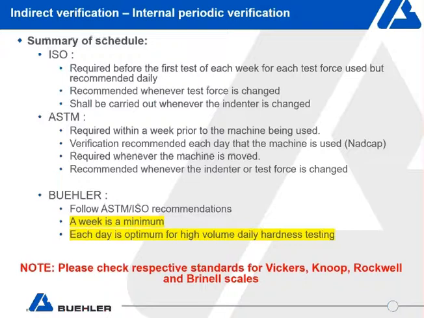And in this case, you're looking at the high load and low load, depending on which load or Vickers level you're operating to. And I've also put there as a caveat that you should always check respective standards, Vickers, Knoop, Rockwell, and Brinell scales, to ensure that your machine is performing as it should.